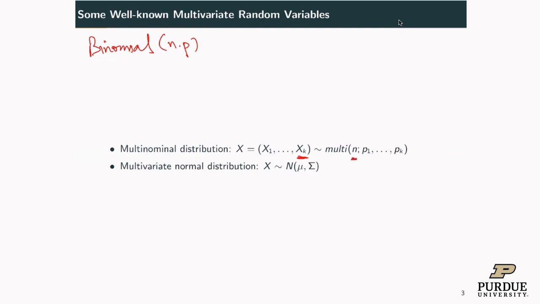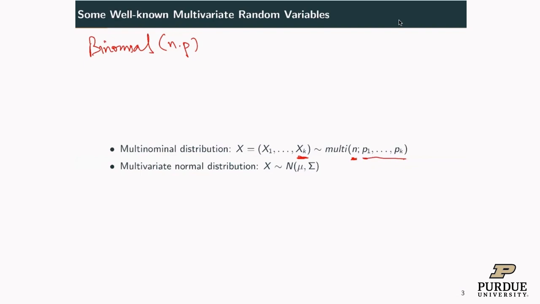Then you count how many times the first situation occurs, X1, up to how many times the k-th situation occurs, Xk. You put the counts together, and this follows a multinomial distribution. For each situation, you have success probability, p1 to pk. So they are discrete random variables.